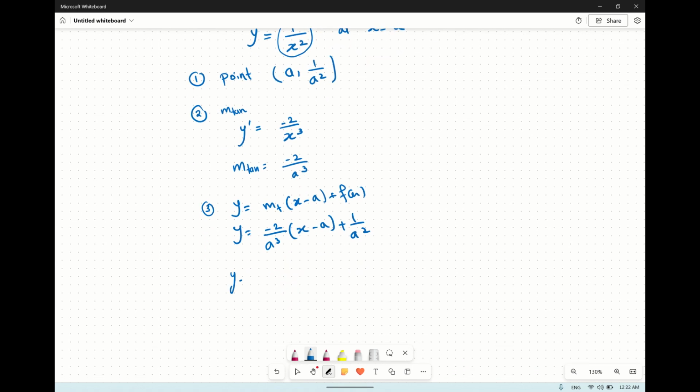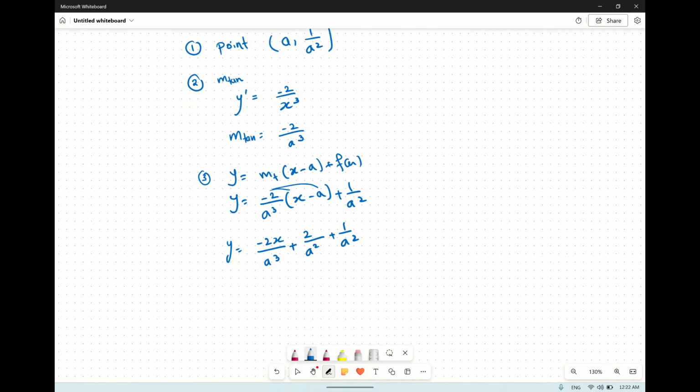Now I simplify, multiply this inside: minus 2x over a cubed plus 2a over a cubed plus 1 over a squared. Now one a from here, one a from here will cancel. So this one will become 2 over a squared. So now y is equal to minus 2x over a cubed plus 3 over a squared.